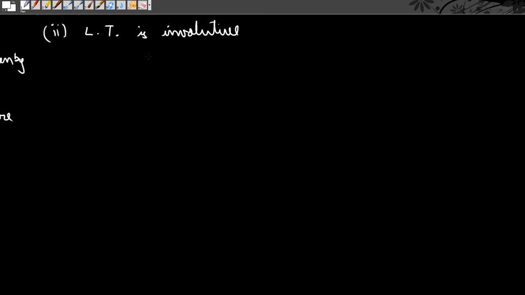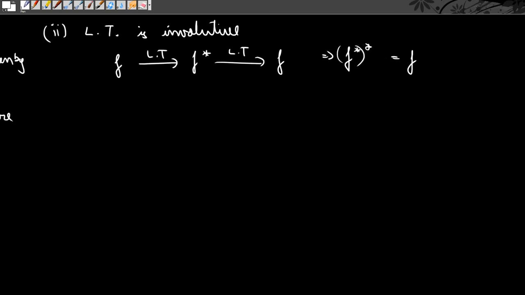Involutive means if f with Legendre transform gives me f star, then taking the Legendre transform of f star will give back f. Okay, so it is reversible. So how do we prove this? This implies f star star is equal to f. That is, the Legendre transform of f star is giving back the original function.